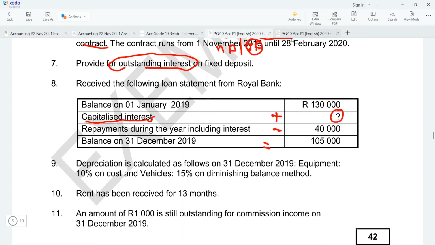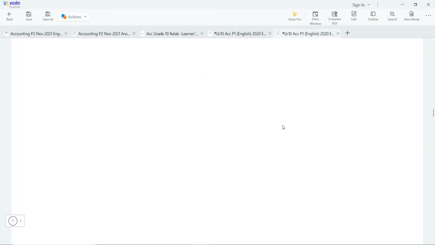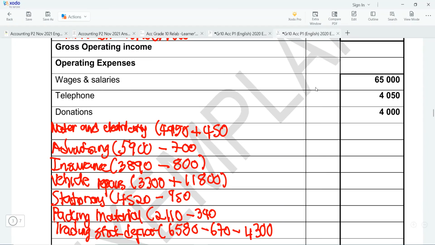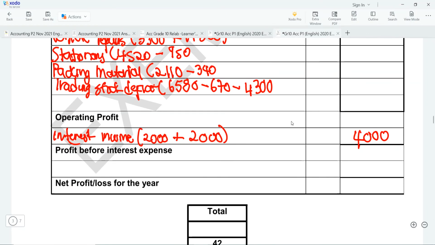So our closing amount is 105,000. So we're going to take that interest expense. When we calculate it, we'll do it like this. Interest expense. So we're going to say 105,000. Remember, it is the closing balance, and we add the repayment.